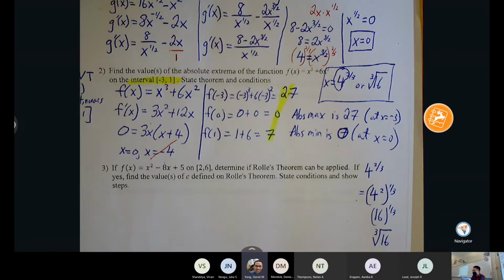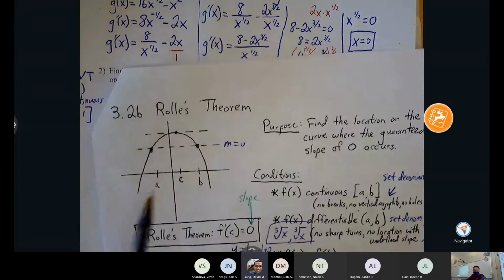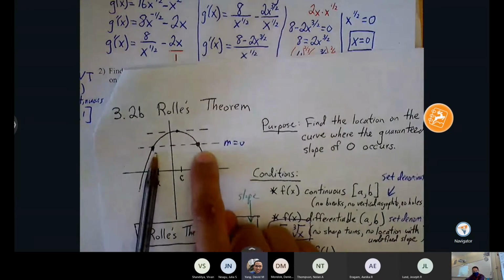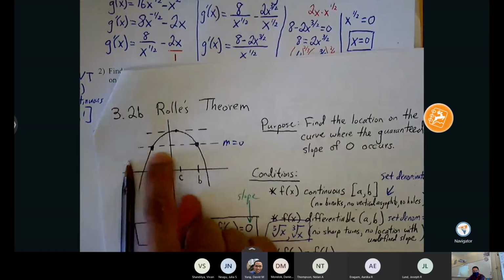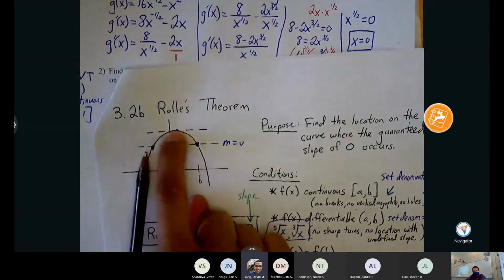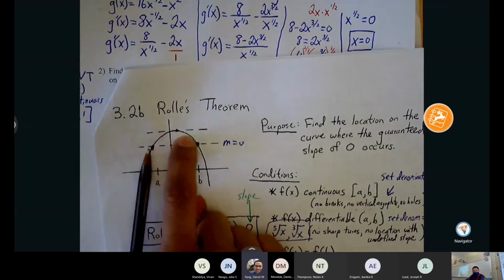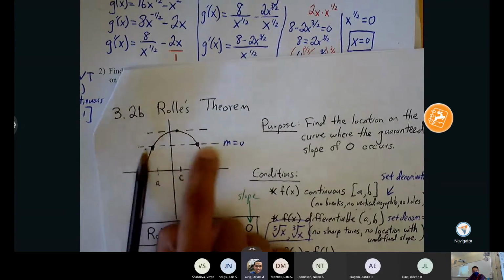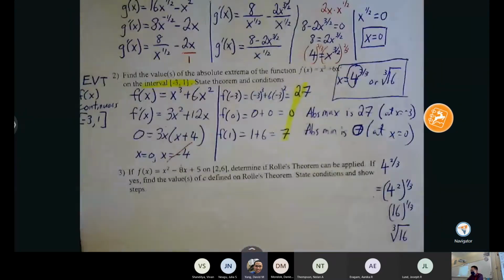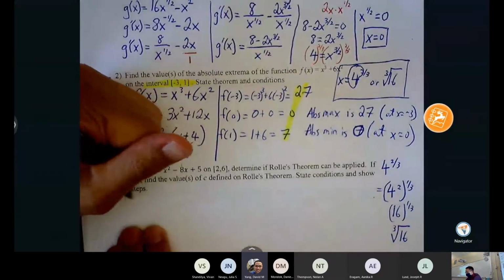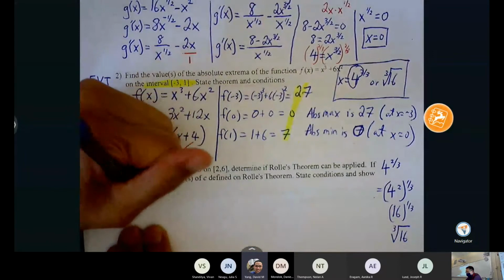Because the only way that we can guarantee a slope of 0 is if our endpoints are directly across from each other. If I can draw a horizontal line between my 2 endpoints, then that's going to ensure that my graph is going to hit a slope 0 somewhere between. Right, so I have to ensure that this is true first. But first two conditions, continuity.